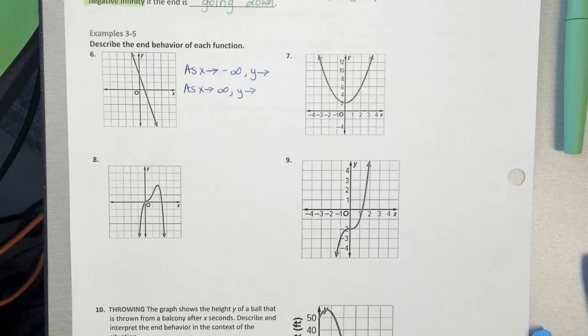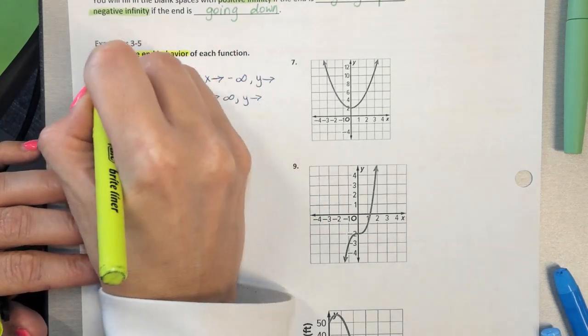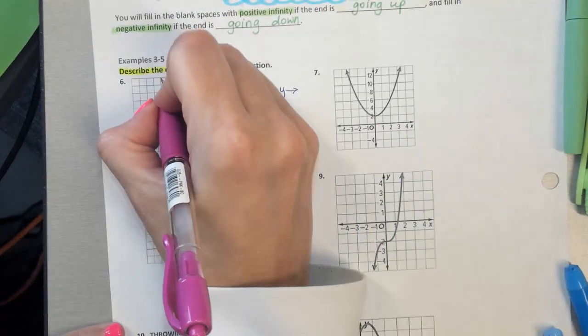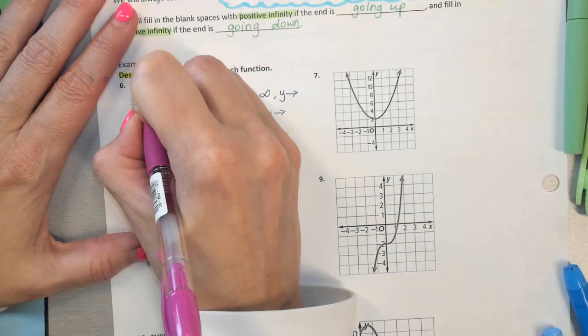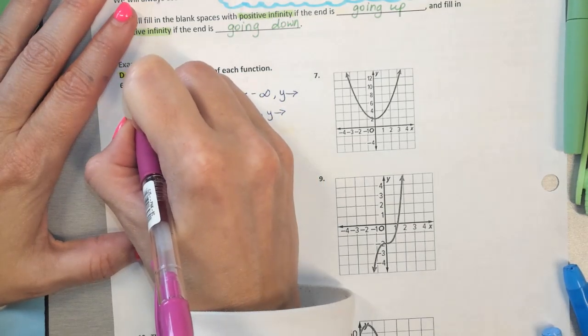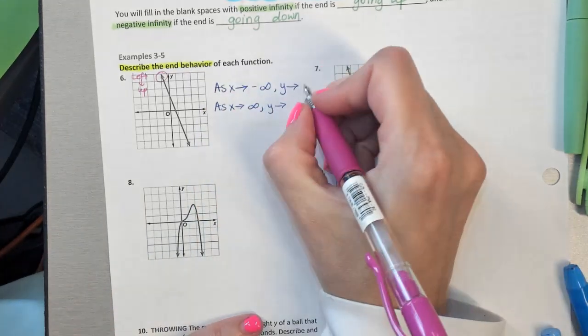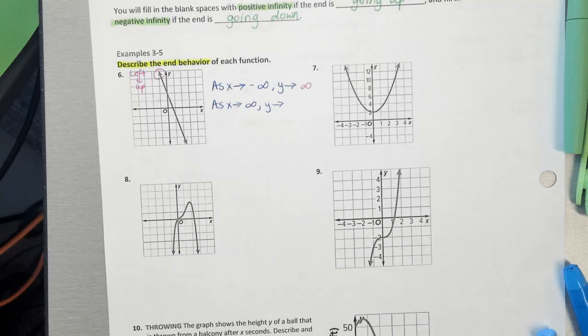When we're describing the end behavior, all we have to do is look on each side of the graph. For the left side, we just have to look and see where it goes. On the left, is it going up or down? It's going up. So on the left side of x, if it's going up, we're going to put positive infinity.